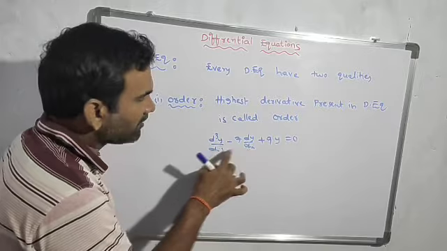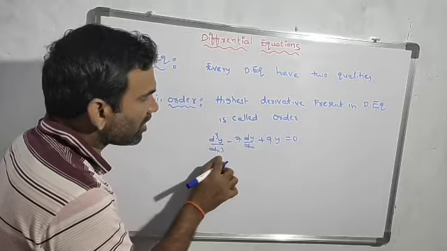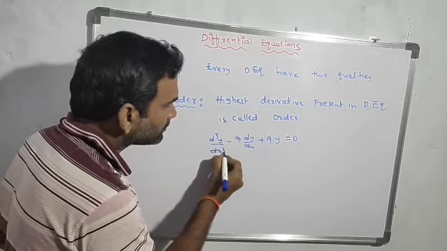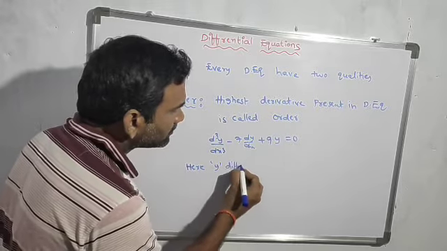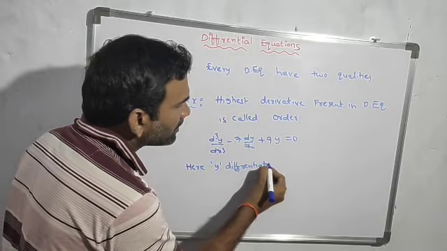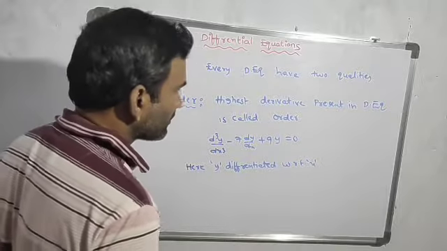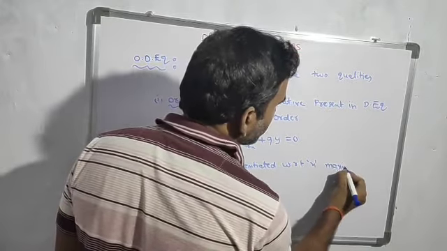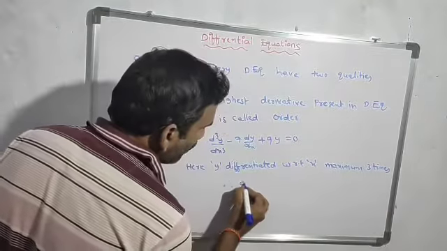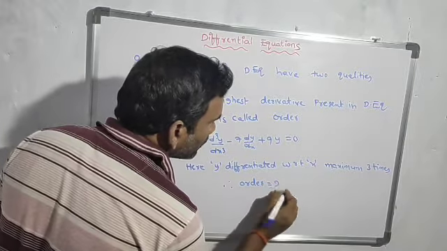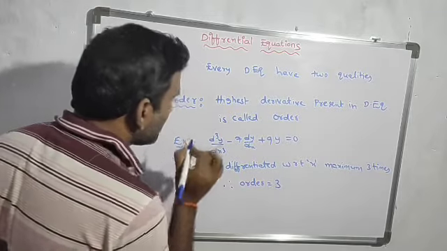It is differentiated one time here, and 3 times here. The highest derivative: y is differentiated with respect to x a maximum of 3 times. Therefore, order equals 3.